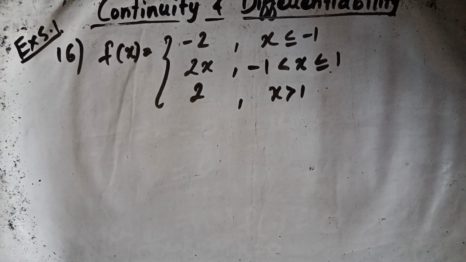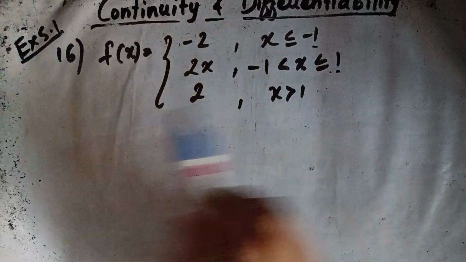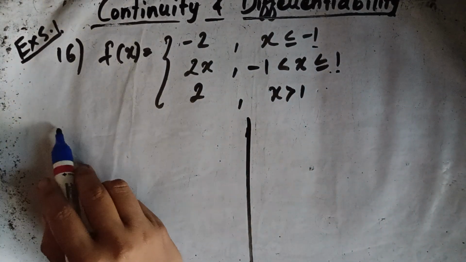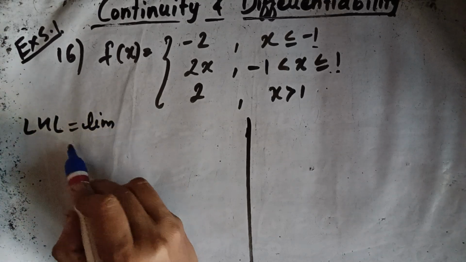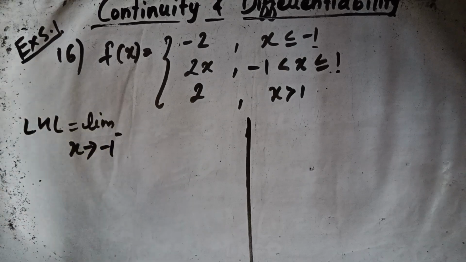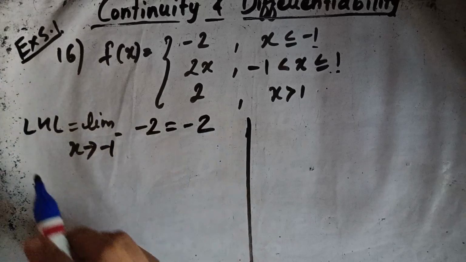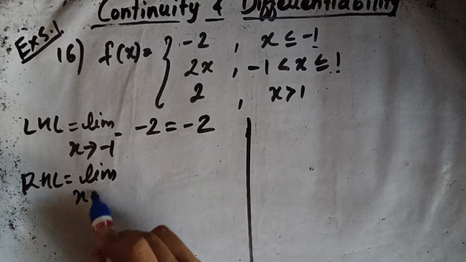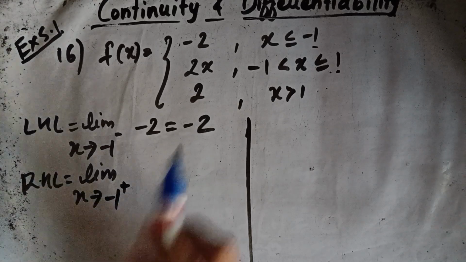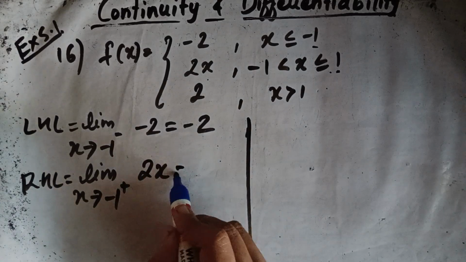Let's solve this. So here also same thing, you have to check at minus 1 and plus 1. For x equal to minus 1, LHL: limit is extending to minus 1 minus, you have to take minus 2. So minus 2. RHL: limit is extending to minus 1 plus, I have to take 2x.